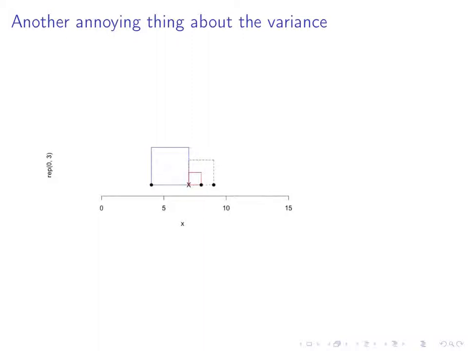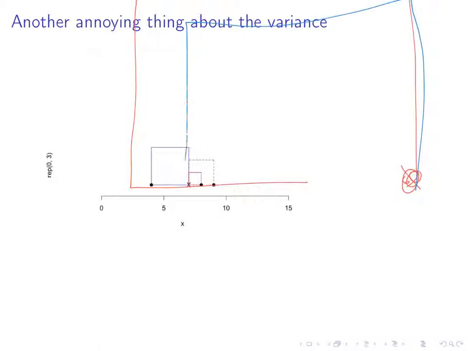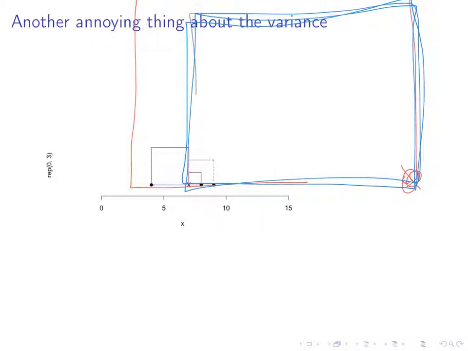And of course you can see the problem with the sample variance, like the mean. If you have a strange data point, it's going to have a very large square that it contributes to the variance.